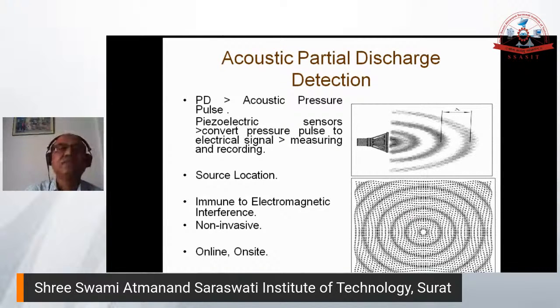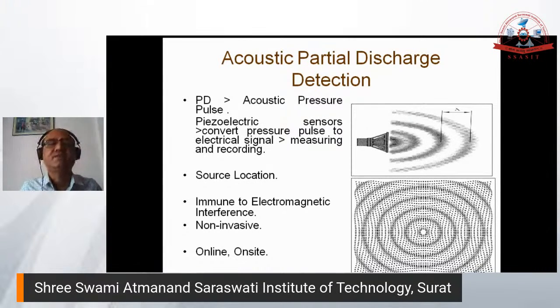That sound is used to measure or characterize the PD. So PD will create acoustic pressure pulses and they will propagate. In the second diagram below, PD creates acoustic pressure pulses that will propagate. A sound wave is generated; a sound wave is a pressure wave.